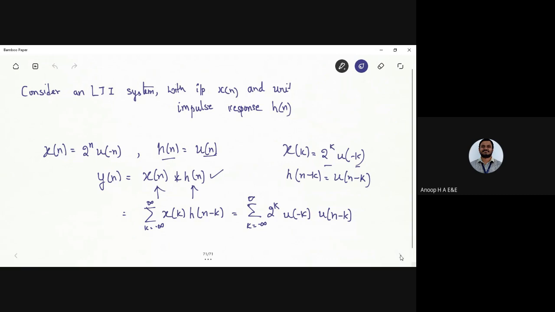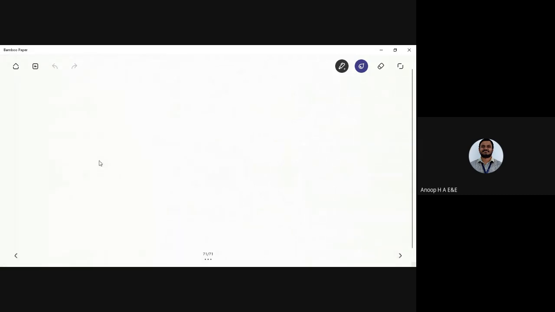Next, I have these functions which I can sketch, and I'll be doing this when minus infinity is less than or equal to n, and n is less than or equal to 0. So I'll have the signal u of n, sketched like this. If you agree, u of n is sketched like this. Now u of minus n is a reflected version.